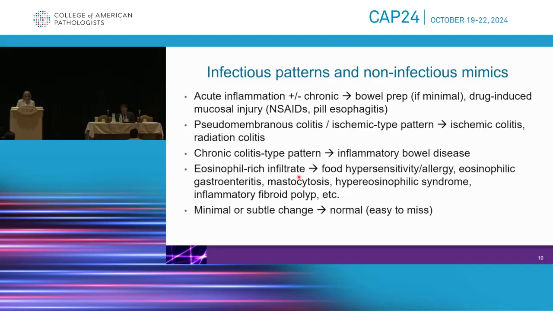A nice example of this is in our practices here in the United States, inflammatory bowel disease is really the most common link we make to a chronic colitis type pattern. However, we know more recently that lymphogranuloma venereum and syphilis can also produce this pattern of injury, and if you don't diagnose it as such, you can cause morbidity in the patient.